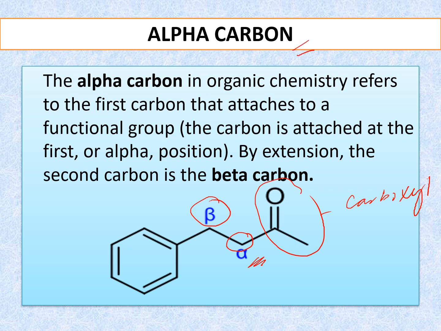So anyway, don't stress yourselves about the alpha carbon atoms because this is just a review. You just have to remember that your alpha carbon atom is the first carbon atom that is attached to a specific functional group, and that the carbon atom next to your alpha carbon is your beta carbon atom.